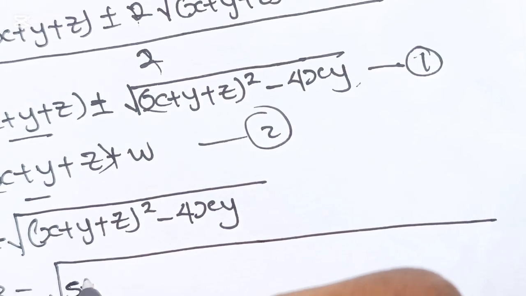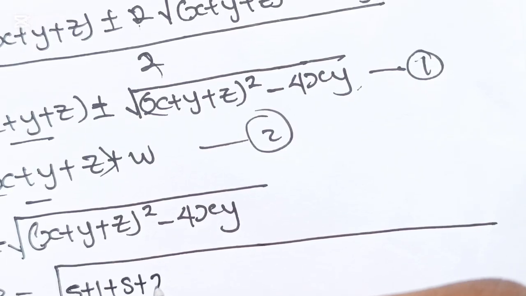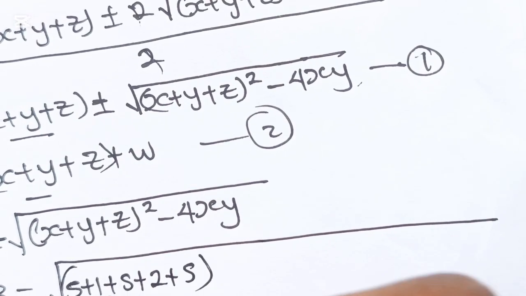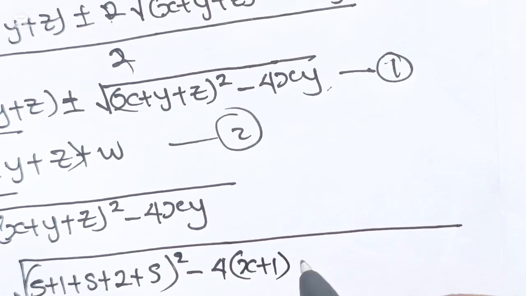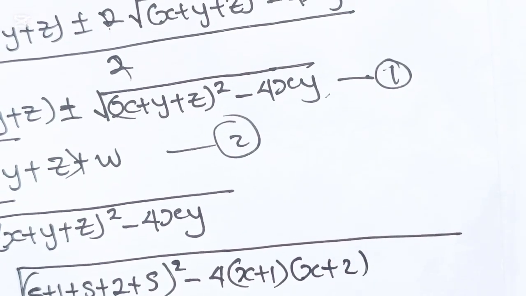So we have s plus 1 plus s plus 2 plus s, all squared, minus 4 bracket x plus 1 bracket x plus 2, right?